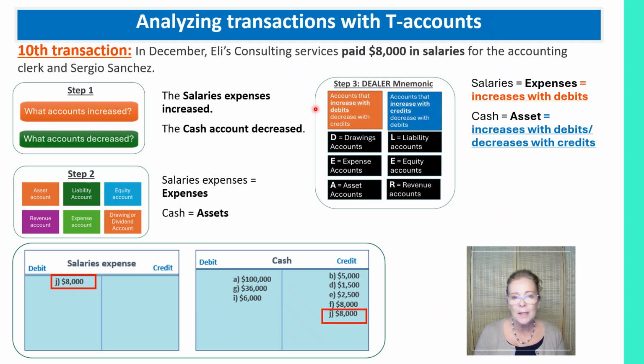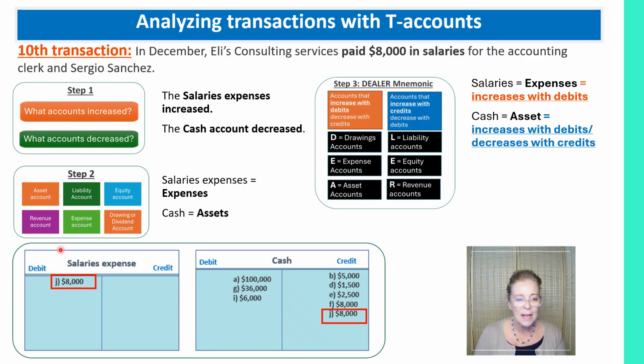The second part is the decrease in asset and cash. Cash is an asset. Assets are shown on the left side of the dealer mnemonic, and the graph tells us that assets increase with debits and decrease with credits. The cash account decreased, so we need to credit cash. So debit salaries expenses and credit cash.